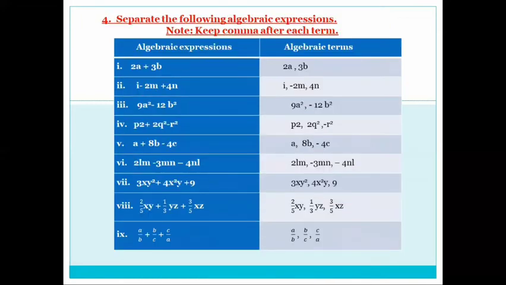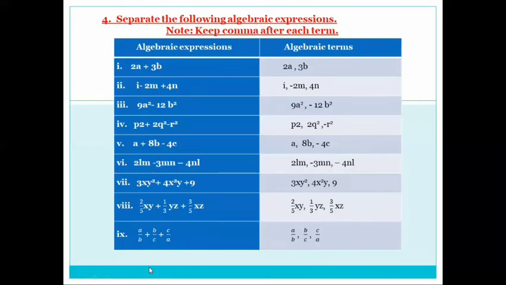Dear students, in the fourth part, very simple, we are given an algebraic expression. An algebraic expression is connected by the sign of multiplication, sign of plus, sign of subtraction, and so on.